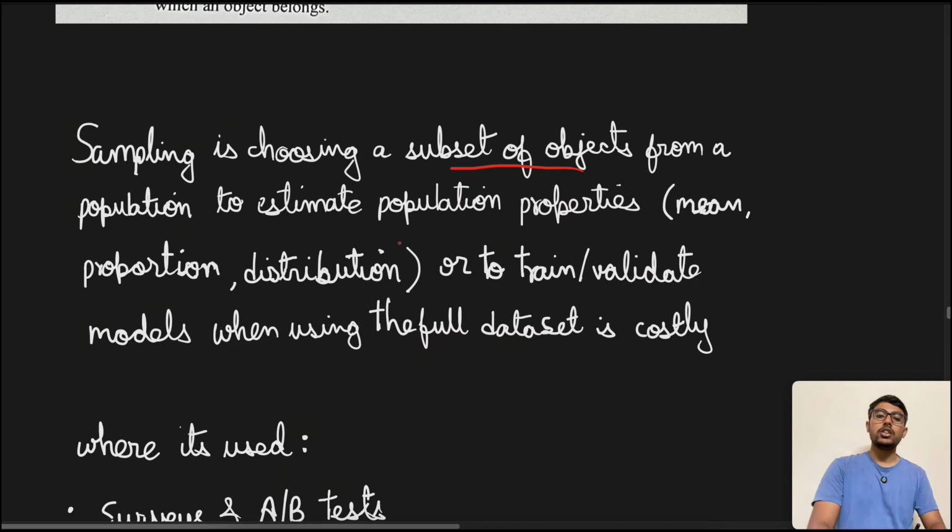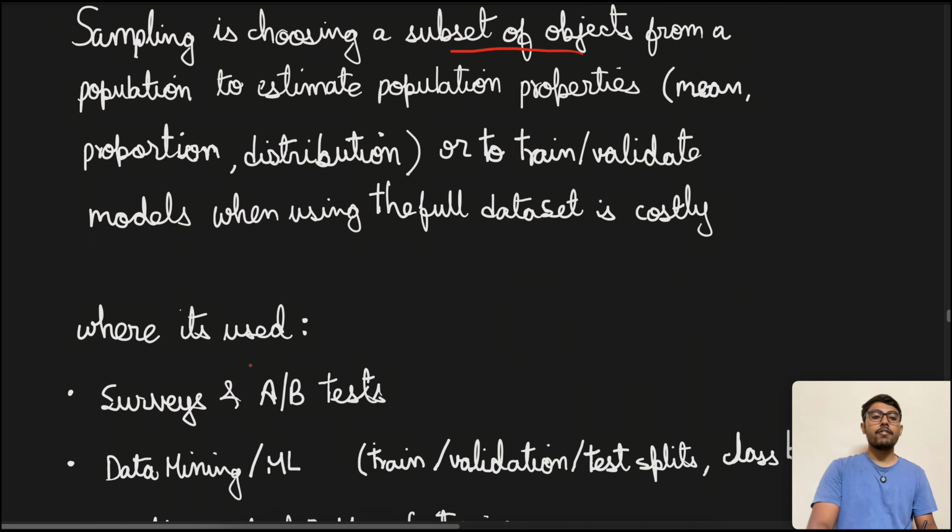The initial part of the sampling definition comes from probability and statistics, and the second part, to train or validate models when using the full dataset is costly, is the data mining part, right. So, in sum, sampling lets us use the population properties instead of using the entire population.